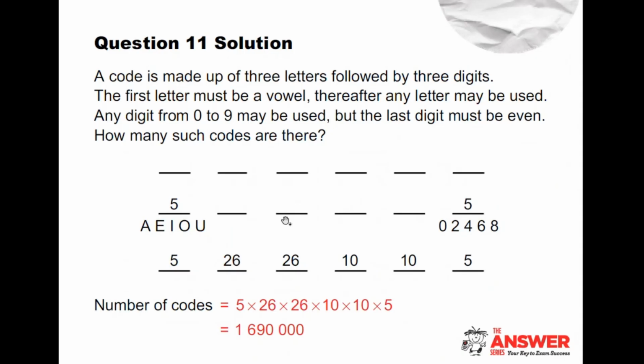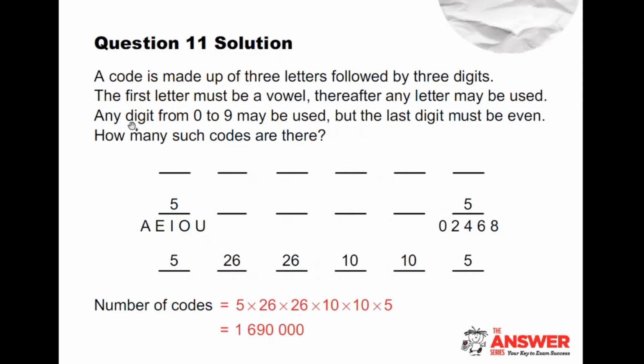I may use any letter. So 26, 26. What about these 3 digits on the end? The last digit must be even, which means the last digit has to be 0 or 2 or 4 or 6 or 8. So there are only 5 options for that last number.